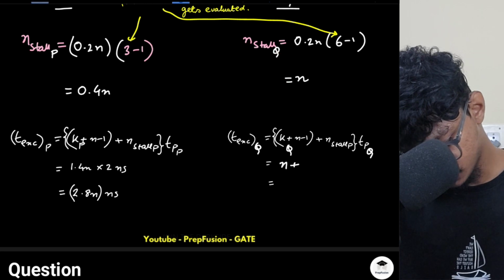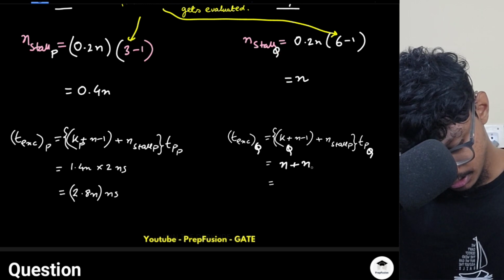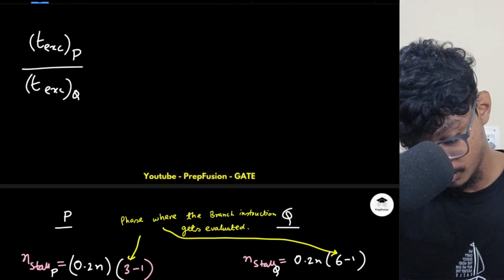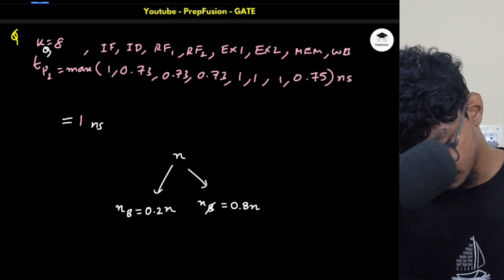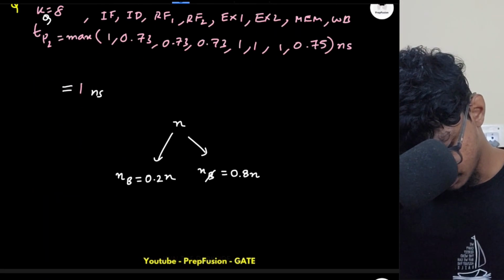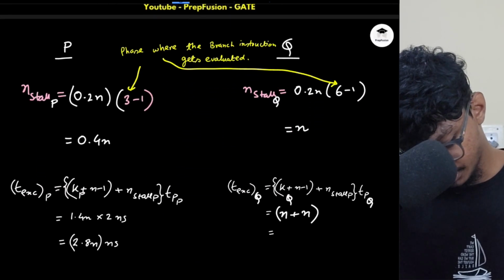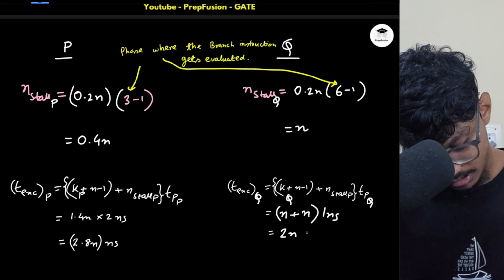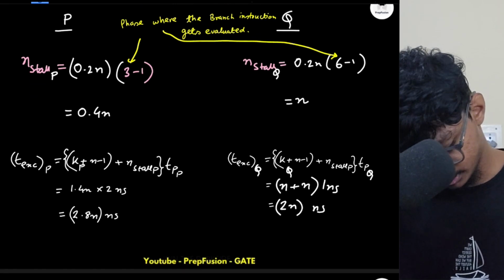N stall cycles, so this will be 2n actually, n plus n into 2 into what is the TPQ? TPQ has become, if you see, 1 nanosecond only. So it will be 2n nanoseconds.